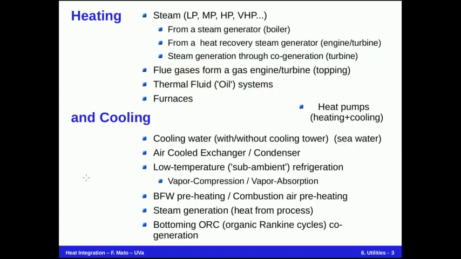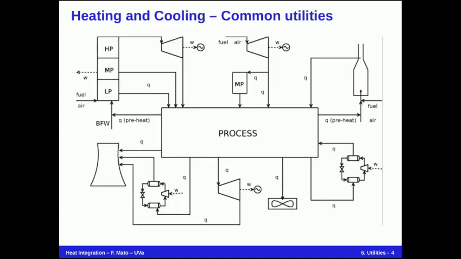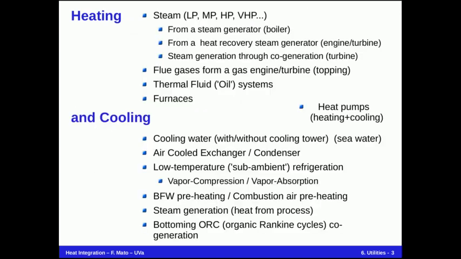As cooling, you can also use boiler feed water preheating or combustion air preheating. We have seen it before in the scheme. Boiler feed water preheating, air preheating. And also steam generation. If you have heat at a high level, you can produce steam directly, recovering heat from the process.